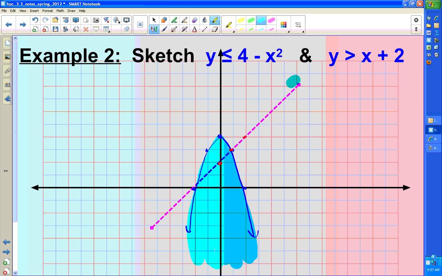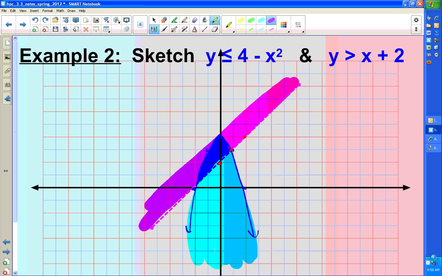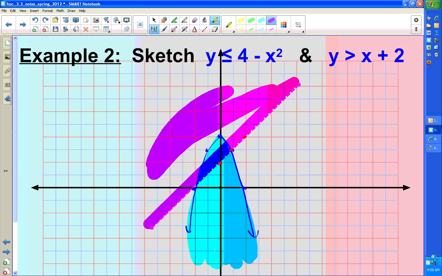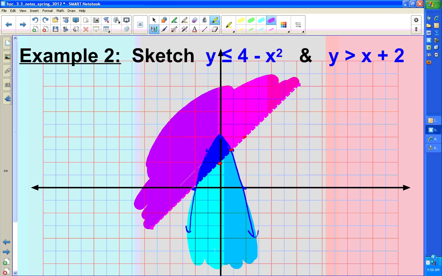So we want to shade the other side, the other side of (0, 0). Like this.